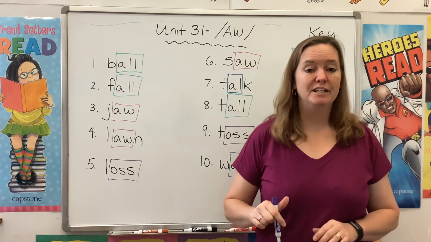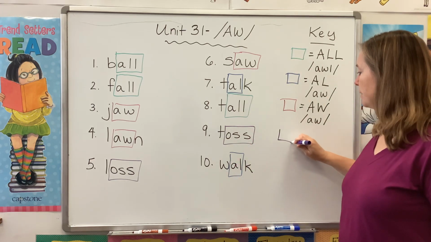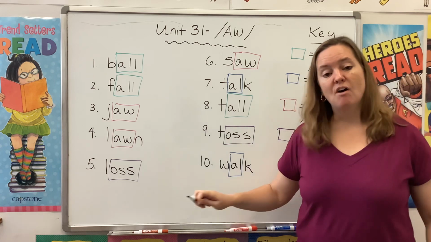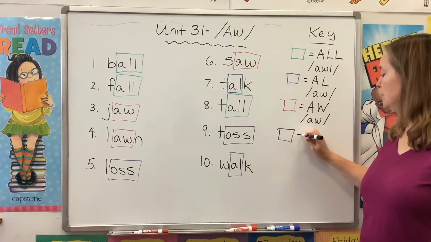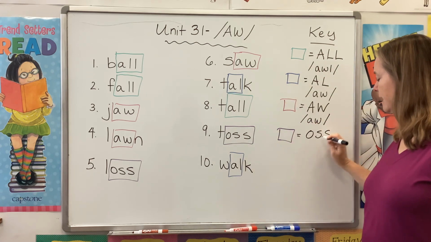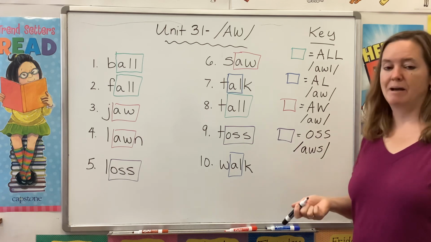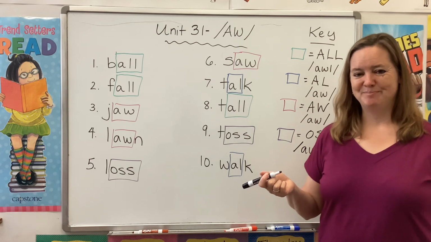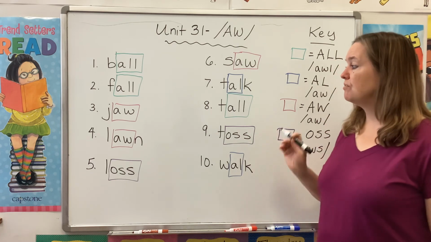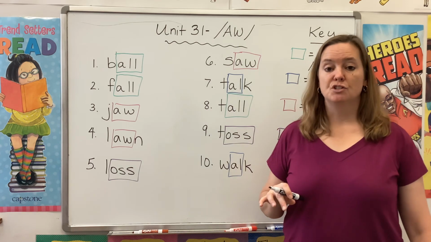So this is a really good pattern to know, okay? When we have O followed by two S's, it's going to make that aw sound followed by S, aw-s, okay? So those are 4 really good patterns to learn.